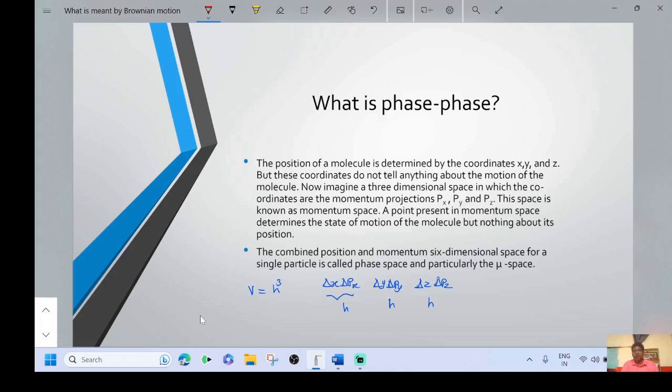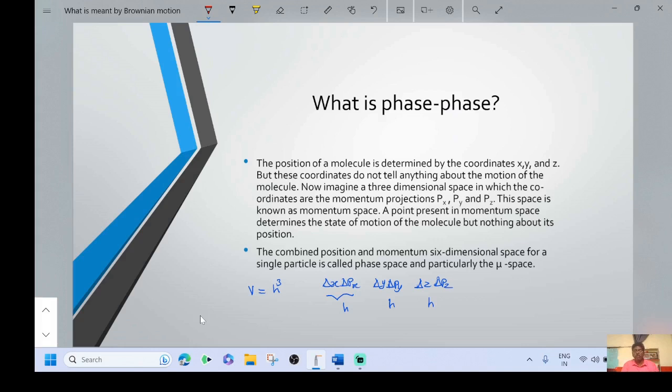This space is known as momentum space. A point in momentum space determines the state of motion of the molecule, but nothing about its position. The combined position and momentum six-dimensional space for a single particle is called phase space, and particularly the mu space.